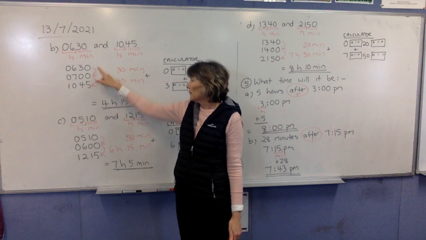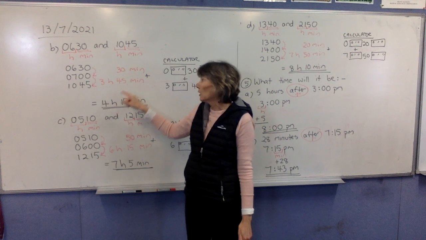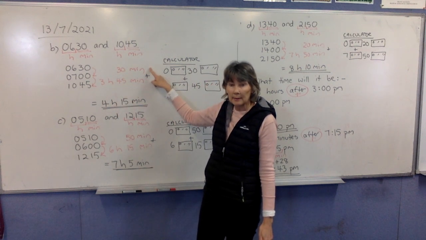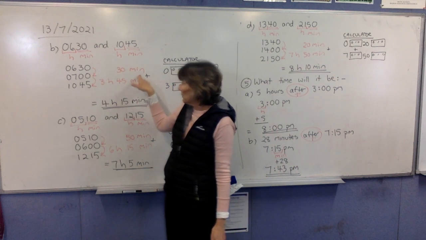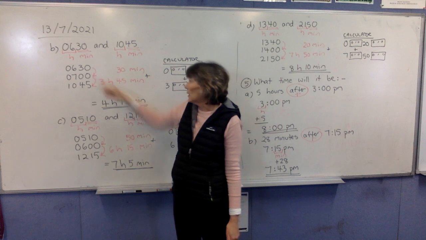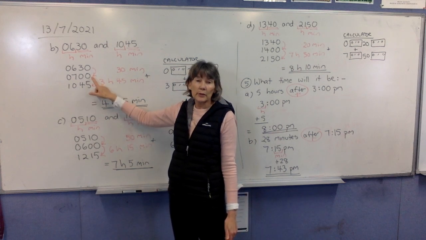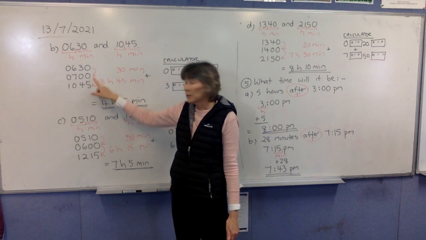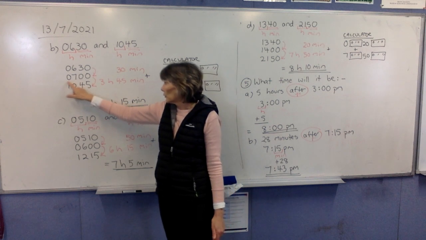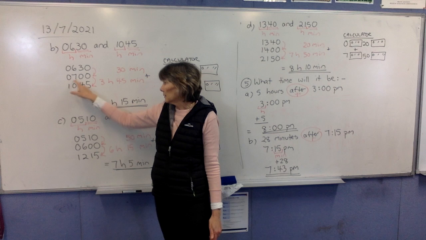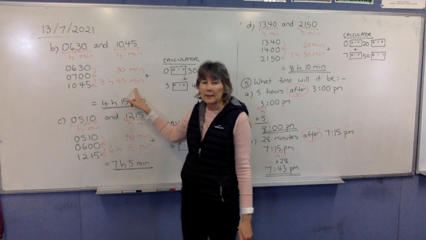Okay, so our time difference from 6:30 till 7 o'clock is 30 minutes. Alright, we've gone through 30 minutes, we've got 30 minutes left to get to that next hour. Then from 0700 or 7 o'clock to 1045, we've gone through 3 hours here and 45 minutes.